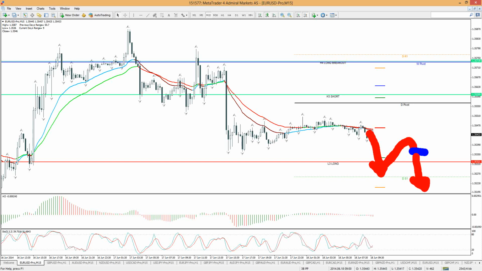You get the confirmation of a pullback and then a bit of a bounce. So if price is, for instance, showing some candlestick pattern on the 15-minute chart at those moving averages right here, that would probably be the most interesting.